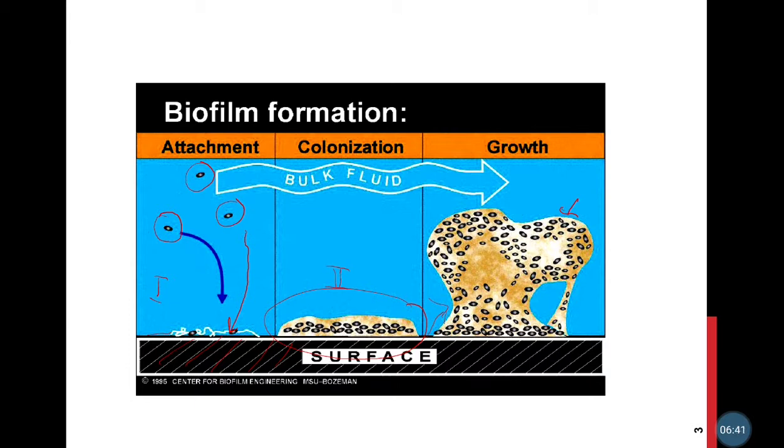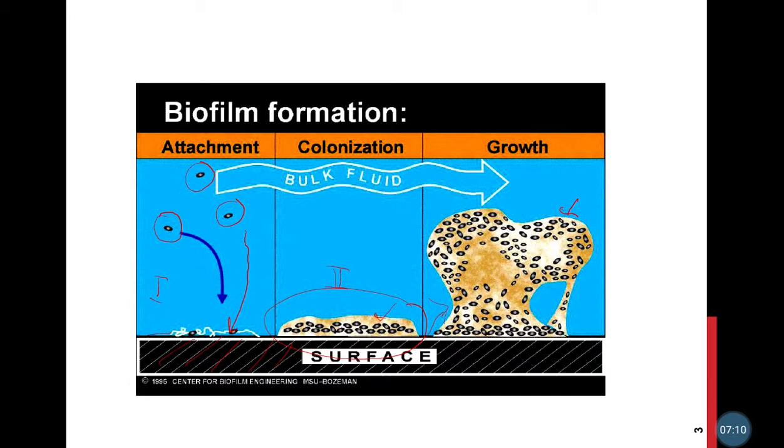Kalau awak tengok dekat hull kapal tu, awak boleh nampak dia dalam bentuk tubercles formations or deposit formation, ataupun kalau dah lama sangat dia dah cover all over the structure, dia akan jadi bioconcretion bila dah masuk fasa growth yang ketiga tu.